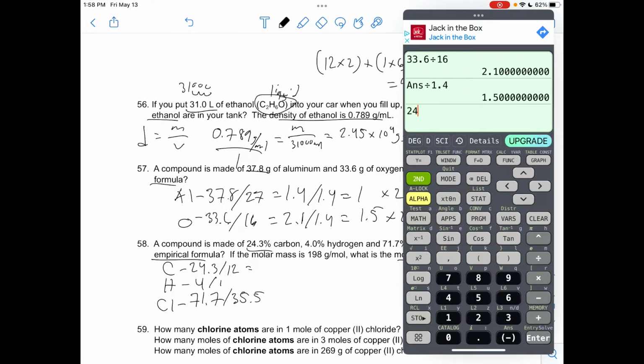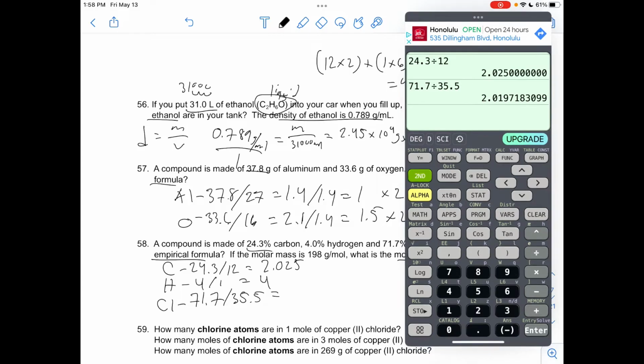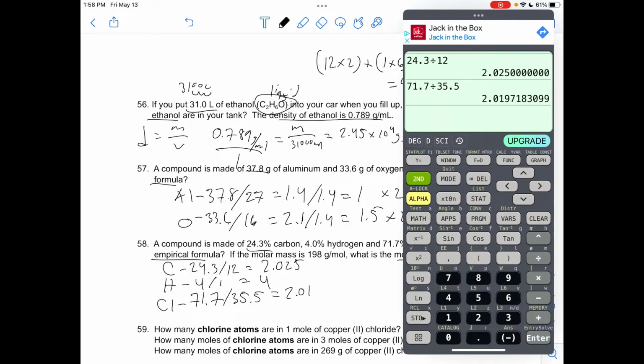So let's see, what is that equal to? 24.3 divided by 12 is 2.025. We got 4, and then 71.7 divided by 35.5 is 2.019.